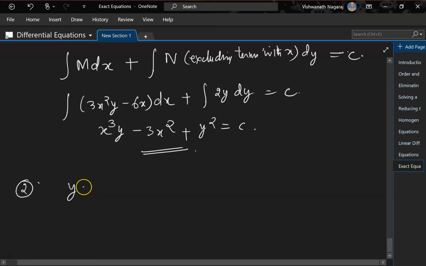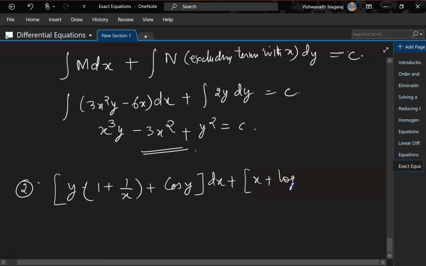y times (1 plus 1/x) plus cos y dx plus (x plus log x minus x sin y) dy is equal to 0.